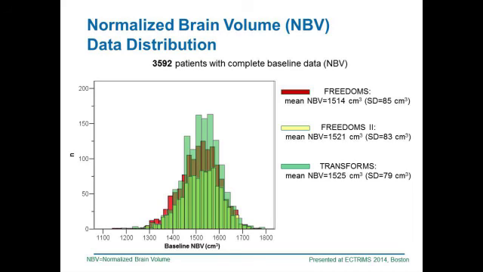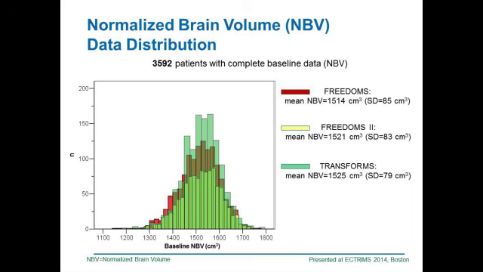And finally, in the TRANSFORMS, again, the distribution is well superimposed, and the average normalized brain volume is again close to 1,520 cubic centimeters. So this is reassuring for pooling these cohorts together and trying to model the volume of the brain according to other baseline characteristics of the patient.